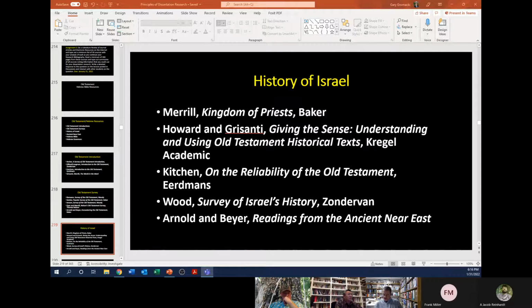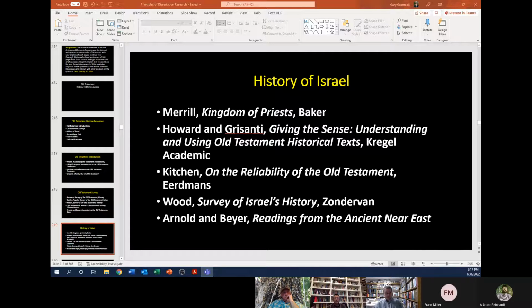They have the translation of the Cyrus Cylinder, the Sumerian King List on page 150. All right, so that's readings from the ancient Near East. So a helpful book if you want to know something about background material.